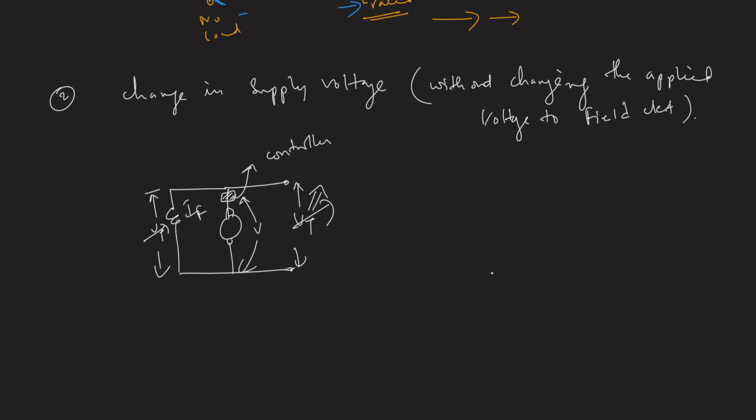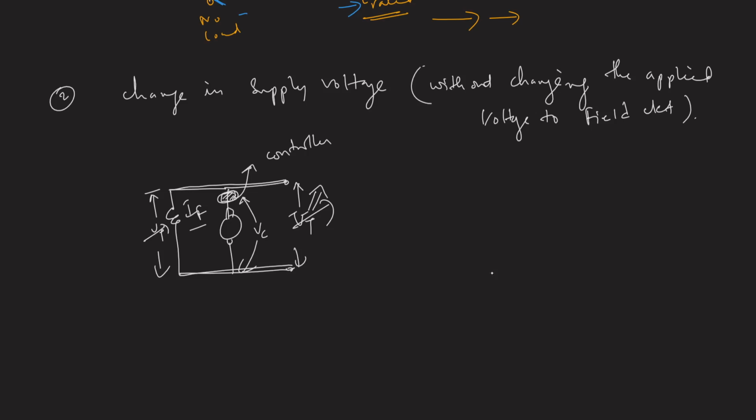This is a new voltage, a controller voltage, which is below the rated voltage VT. And the field circuit voltage is still VT only. There is no change in the field circuit voltage, which is constant, and IF is also constant. We are only trying to control the voltage applied to the armature through some controller, right?